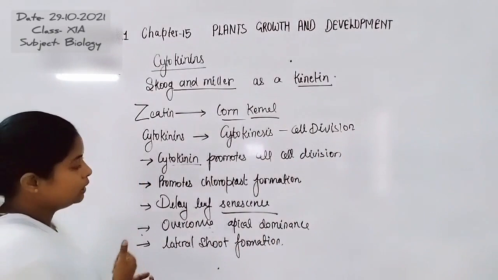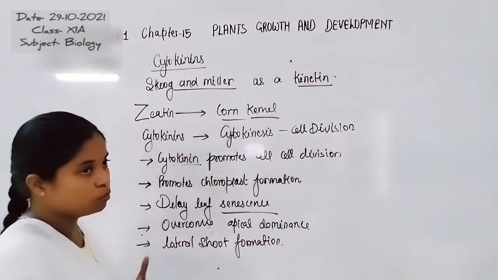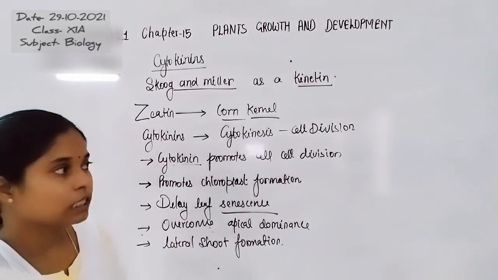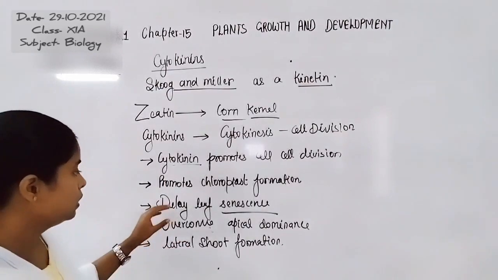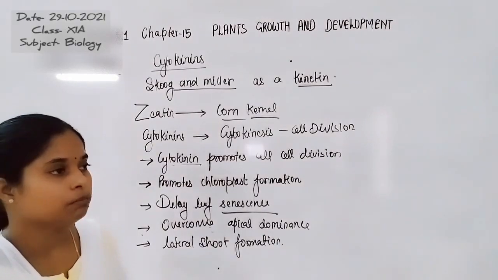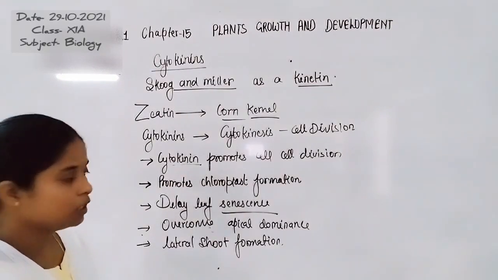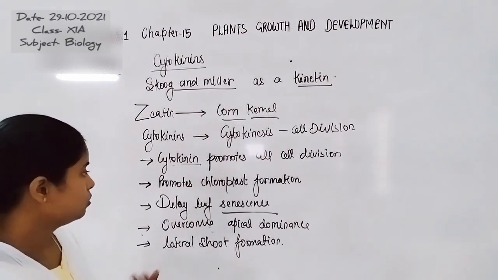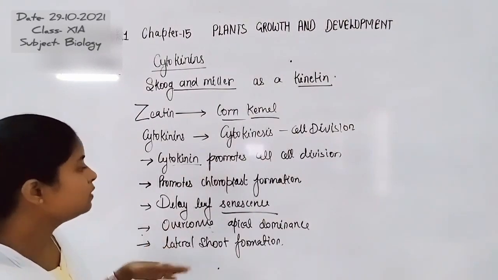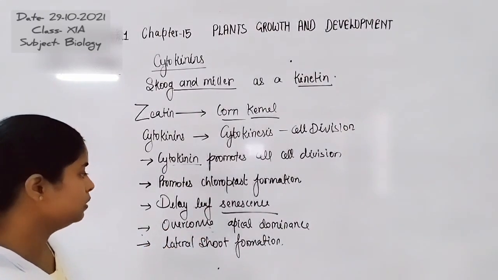So cytokinin always promotes physiological activity, and hence they delay leaf senescence. If favorable conditions are available, or the plant receives many nutrients, they delay leaf senescence. The plant looks like an evergreen plant.